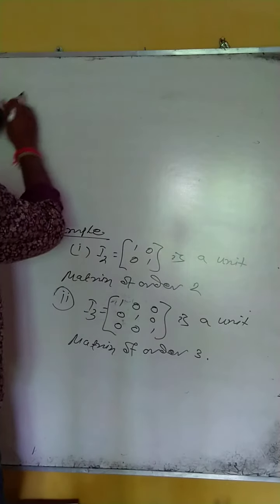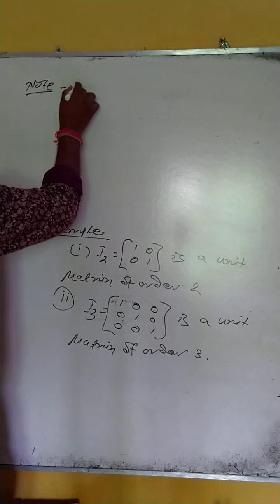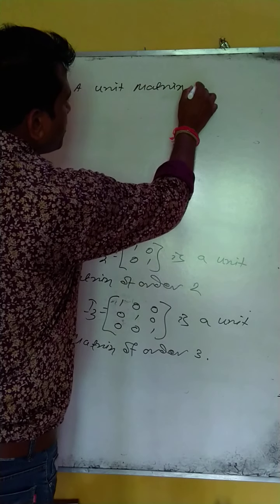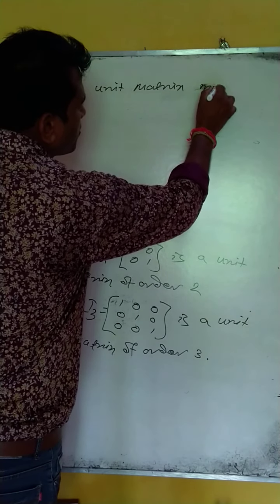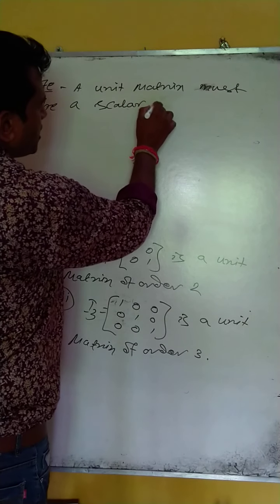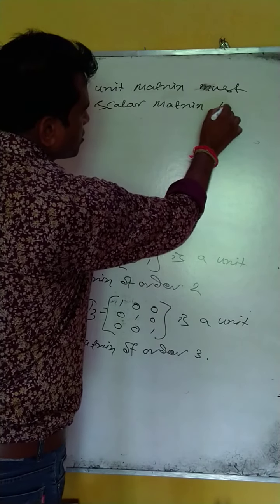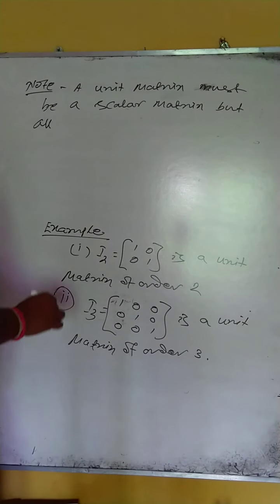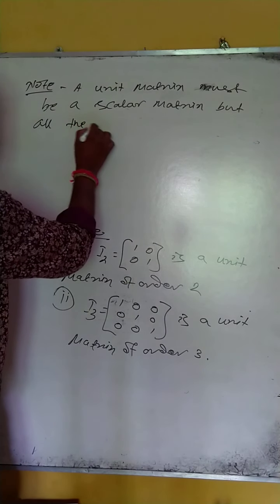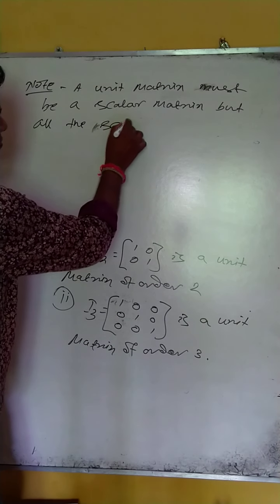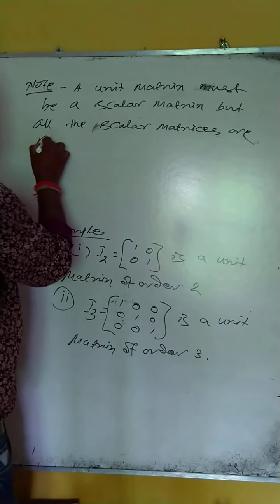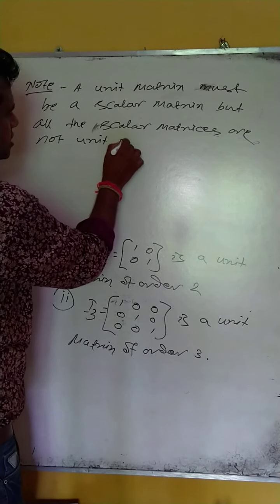So we write a note: a unit matrix must be a scalar matrix, but all the scalar matrices are not unit matrices.